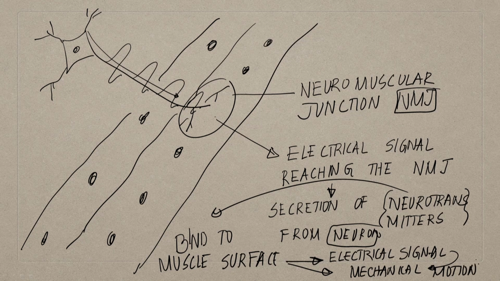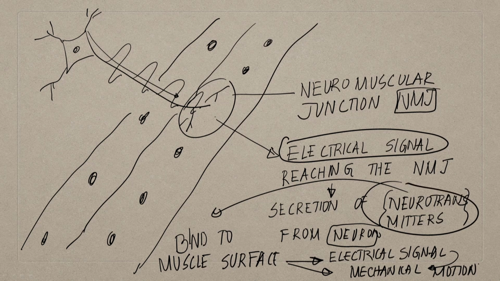And this whole orchestra of first an electrical signal transforming into a chemical signal, then again invoking an electrical signal, and this electrical signal leading to a mechanical signal, is a well orchestrated process. Now, the only way you can disrupt the process chemically is if you disrupt some of the chemicals.